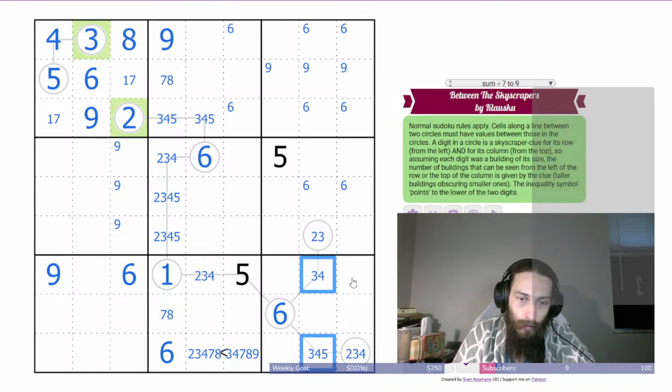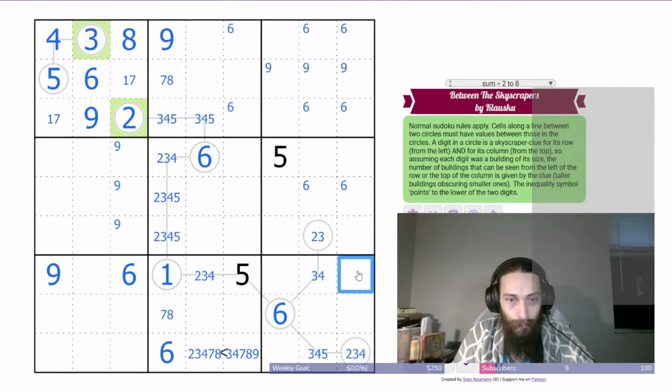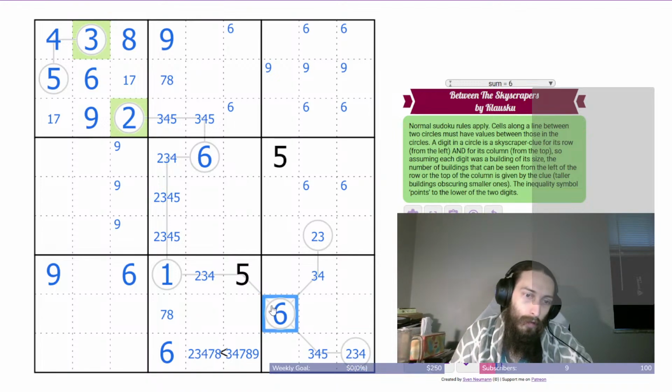So that takes 2 out of these. Don't think a 2 is broken for either of those, though. Oh, a 6. Oh, well, the 6 that's in column 7 takes the 9 out from box 3 in the column.